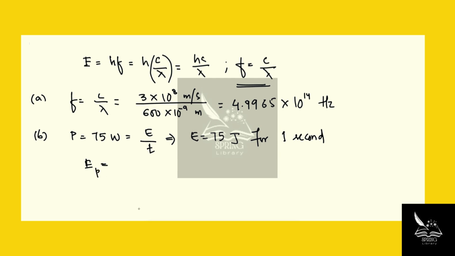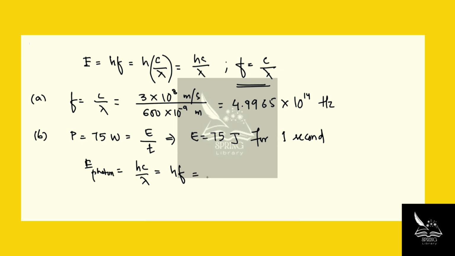So the energy of a single photon is, as I wrote over here, hc over lambda, and this can also be written as h times f because we already found the frequency, so we can directly use this answer over here.